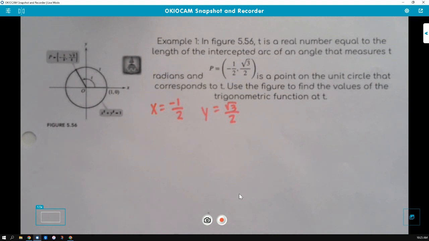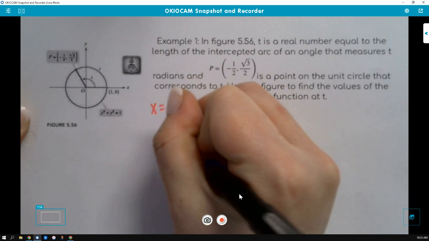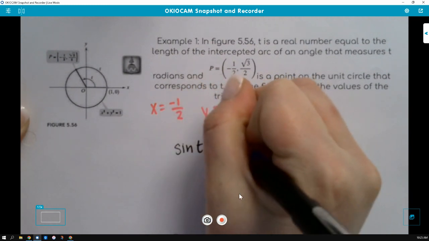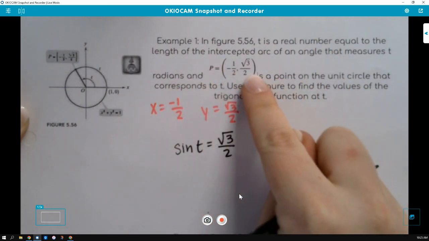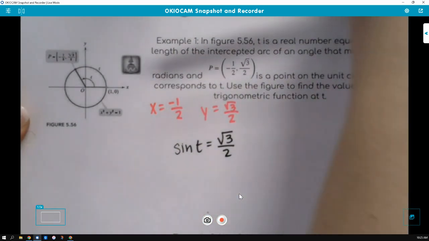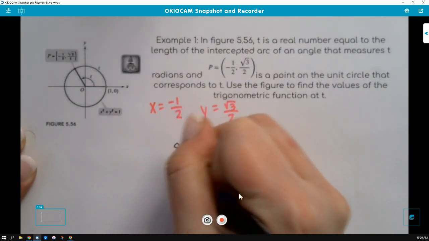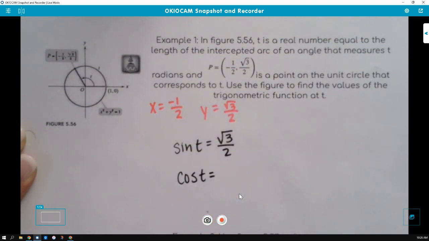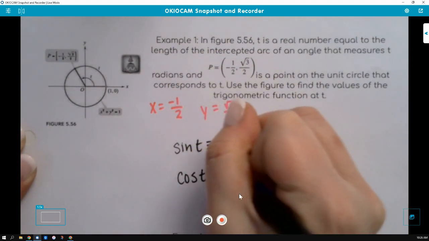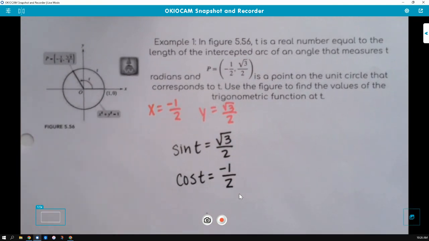Our sine function is always y. So sine of t is just square root of 3 over 2. It's just our y coordinate. Our cosine function is just our x coordinate. So it's just negative 1/2. So sine is just y, cosine is just x.